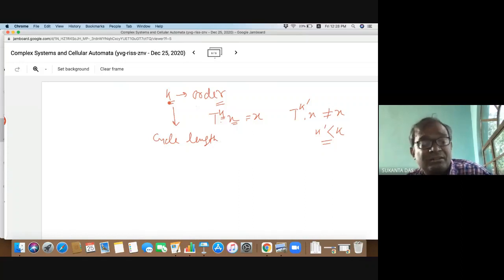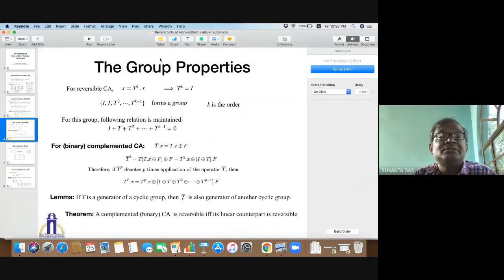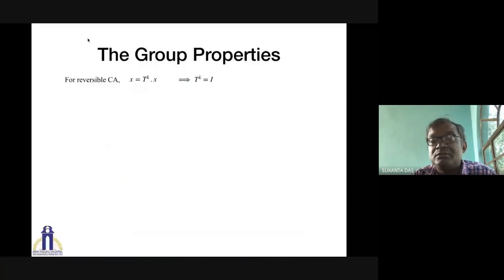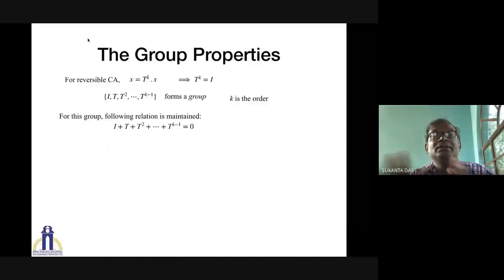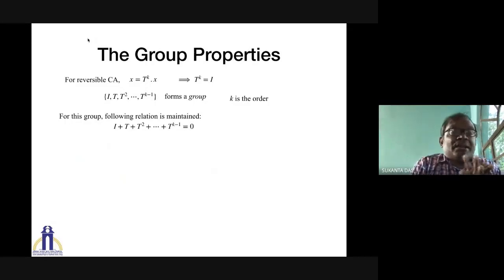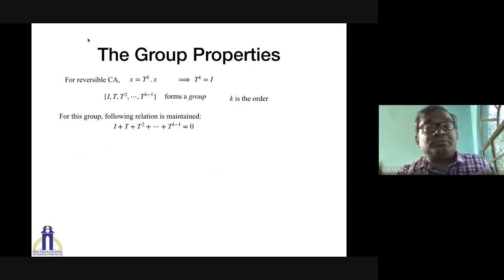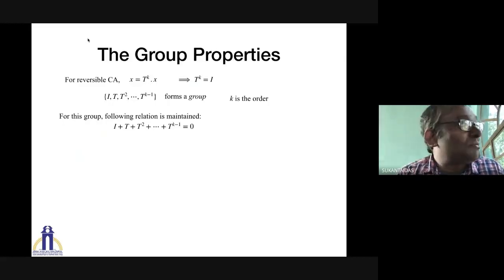Now, interesting things are there. This is another property. When it forms a cyclic group, then I plus T plus T squared up to T to the power k minus 1 equals 0.